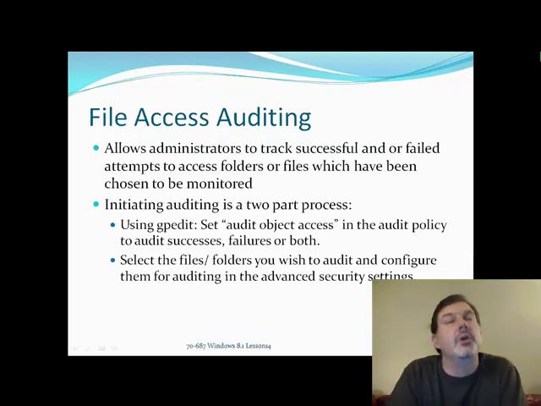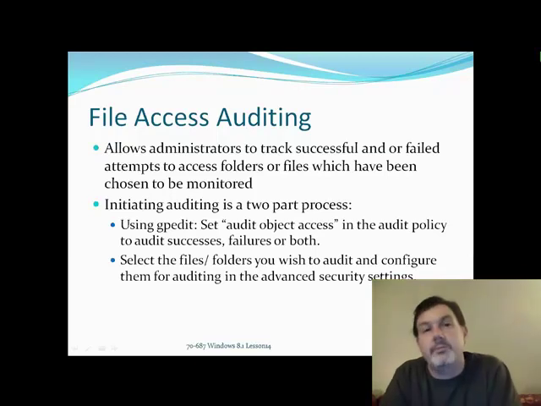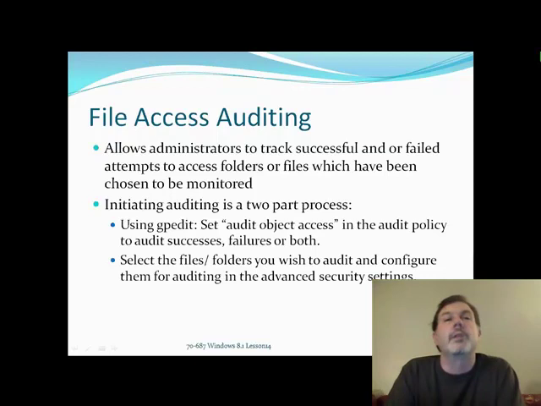And we can determine when we set up auditing whether we want to be notified for successes or failures or both. So, access auditing allows me as an administrator to track whether those attempts are successful or failed attempts, doesn't matter, my choice, to any type of access to folders or files which I've chosen to be monitored.